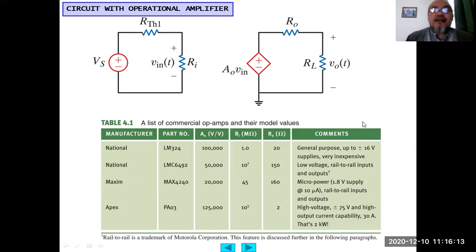So when we connect the input of the operational amplifier, this is how we model them, as well as the output, which we connect with a load.